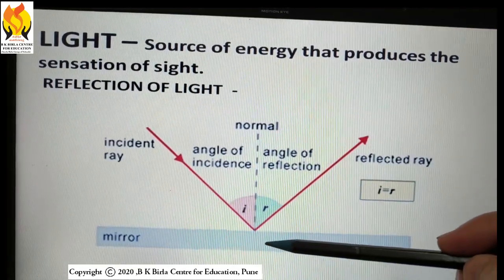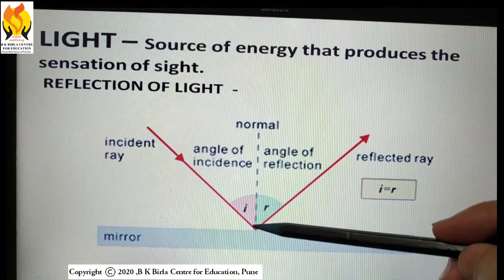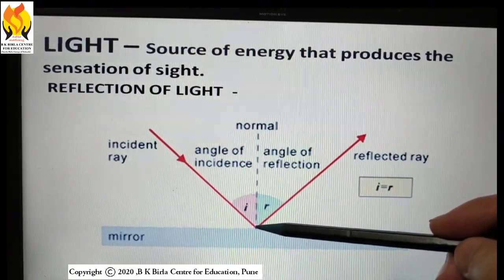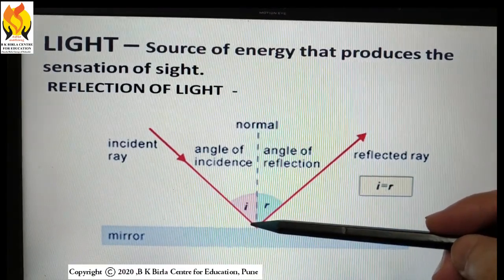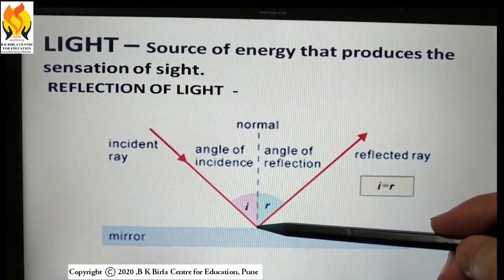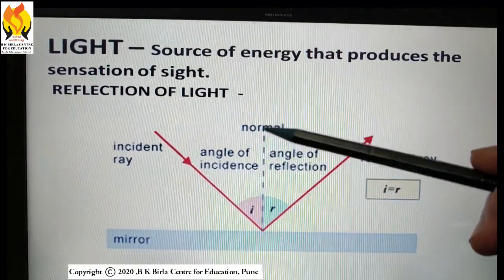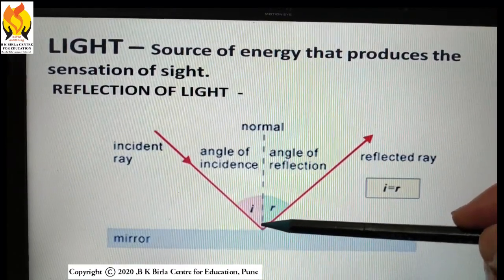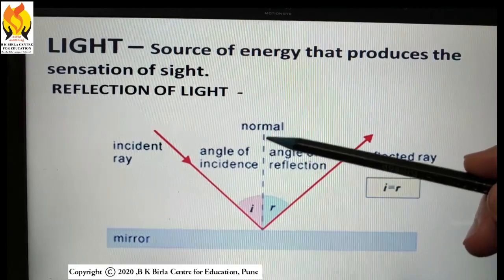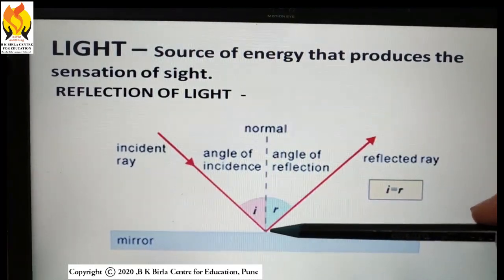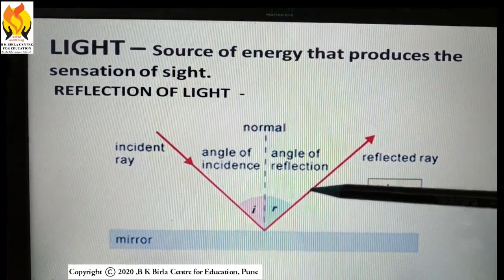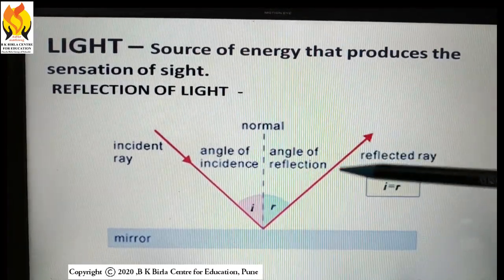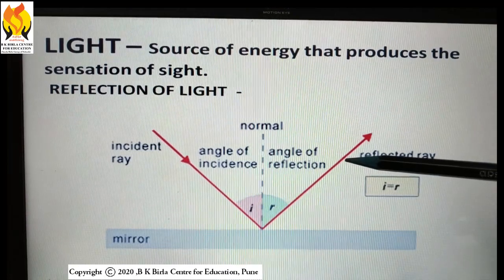A ray which falls at this point on the plane mirror is called the incident ray, and the point where it fell is called the point of incidence. Now draw a perpendicular to the point of incidence. This perpendicular is called the normal, and after reflection the light gets reflected back in another direction but in the same medium. This is called the reflected ray.